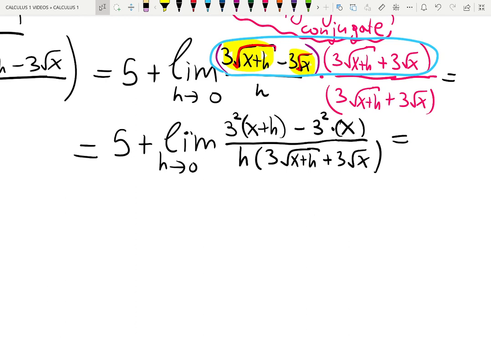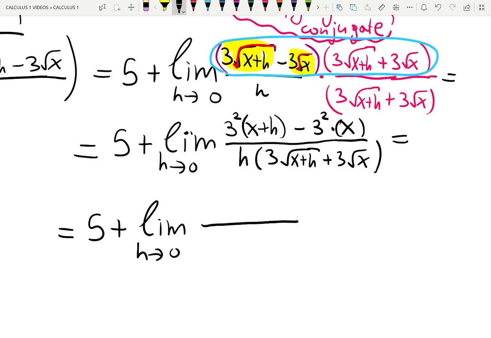I want to factor out, I want to get rid of the h. The goal is to get rid of this h that makes denominator to be 0, and I don't want that. So I would like to have numerator with h being factored out. Then I can get rid of it. Let's see if it's possible.